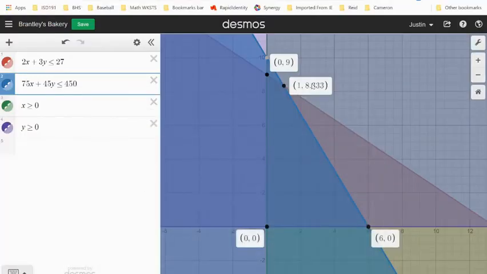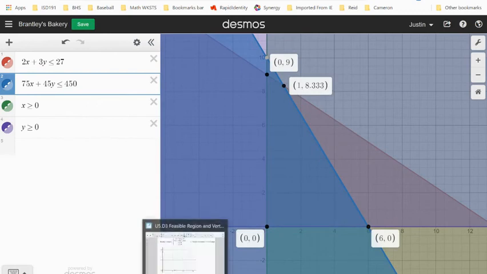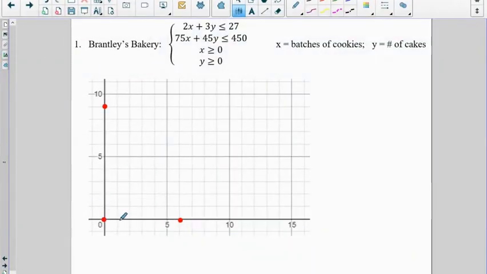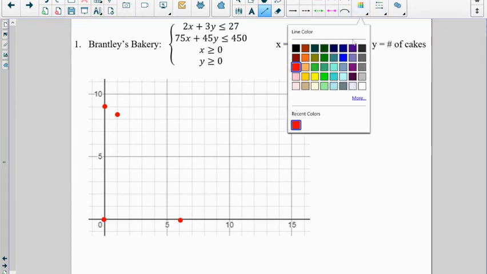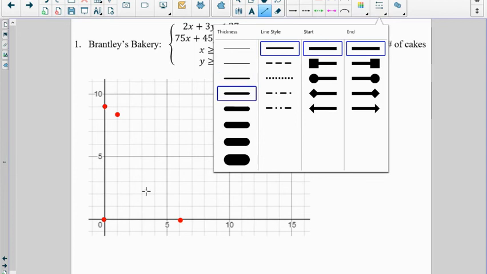And then that last one was at 1, 8.333. So 1 and then 8.333 would be just a little bit above the 8. Right in there. In Cami, you have that straight line tool as well, so I would encourage you to use that rather than trying to freehand it.